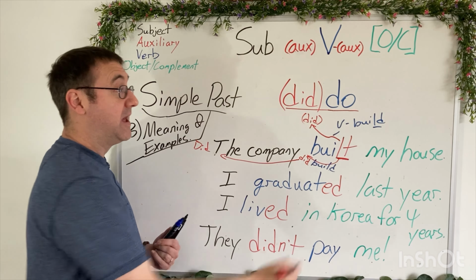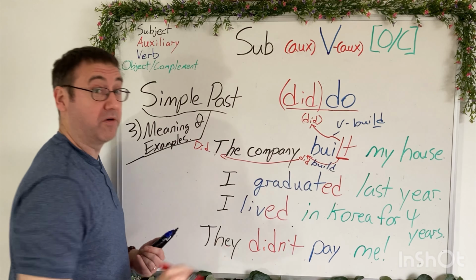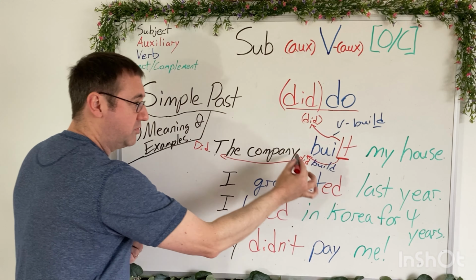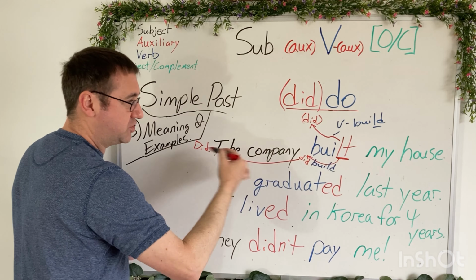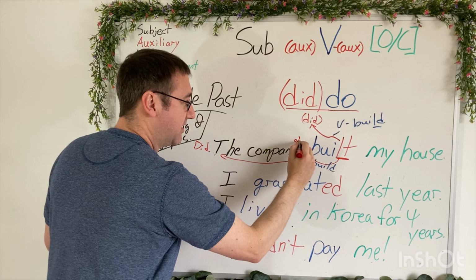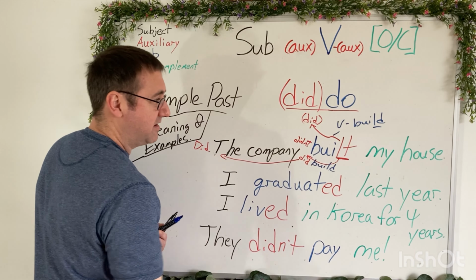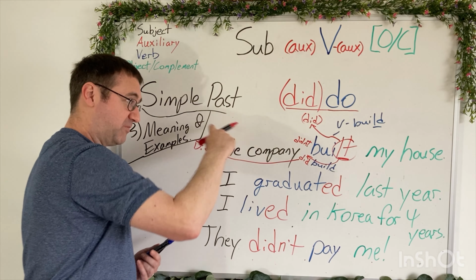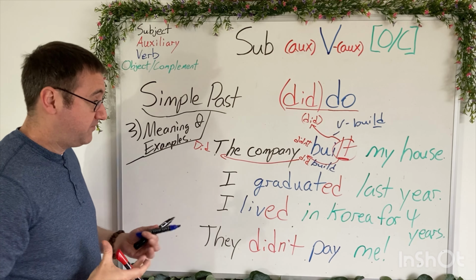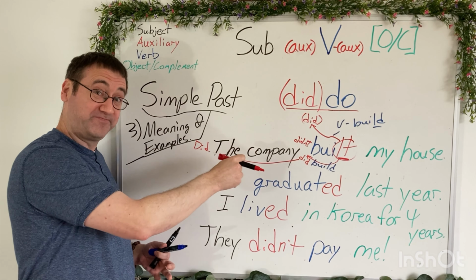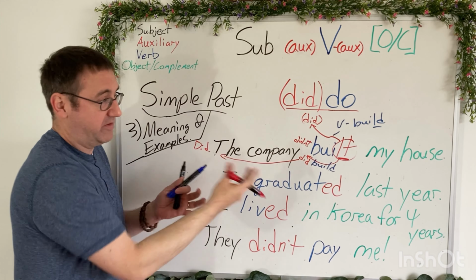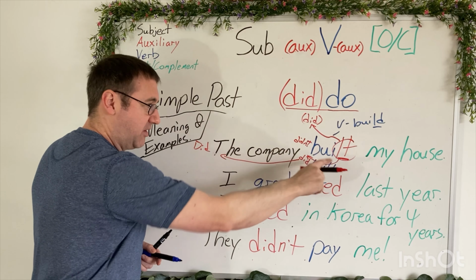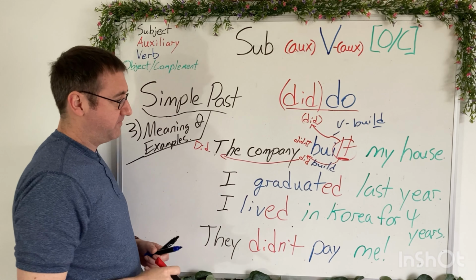Did the company build my house? Because you're moving it around, right? It's your choice as to how you use it. It can be the negative here. It can be the normal, so the spelling change. It moves around, right? It's not something you add. It's something you bring around. Well, you add it right at the beginning, but once it's here, you can move it around.